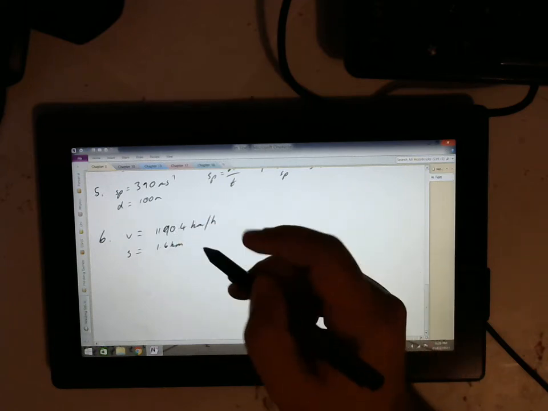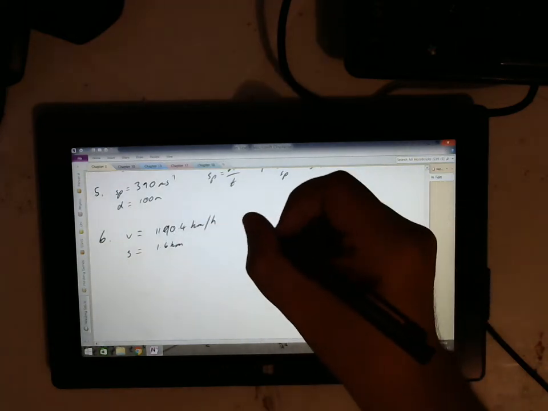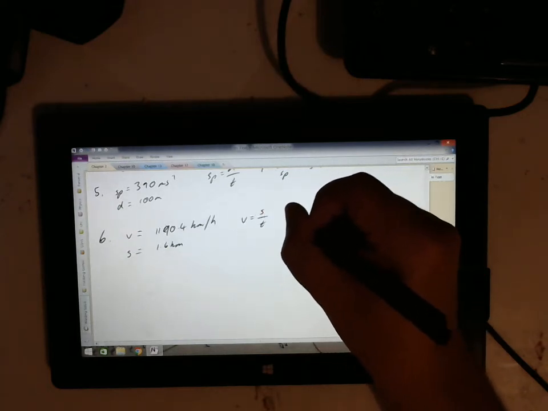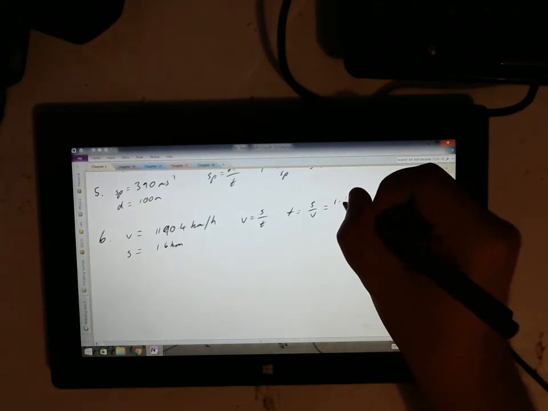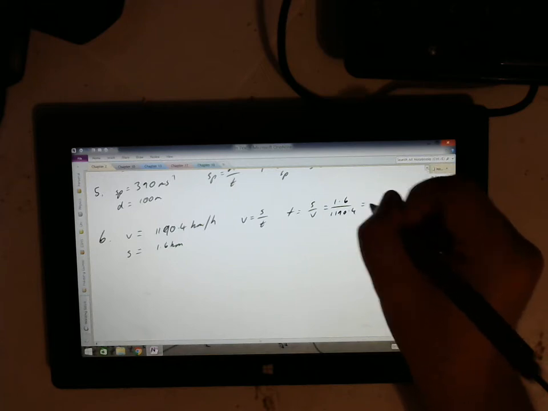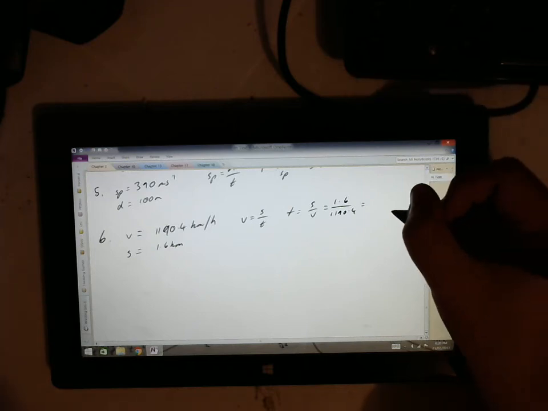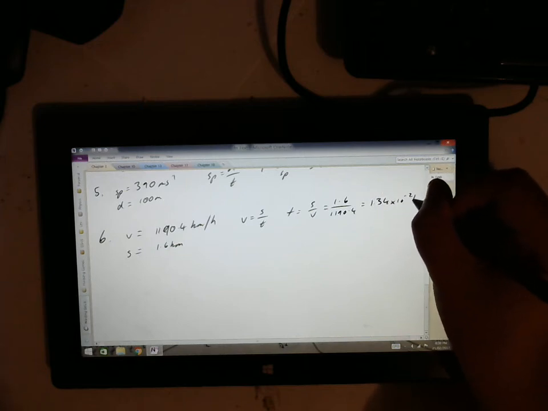Now we can see we've got kilometers and kilometers, so that means our answer would be in hours. So again, velocity equals displacement over time, time equals displacement over velocity equals 1.6 divided by 1190.4 equals 1.34 times 10 to the negative 2 hours.